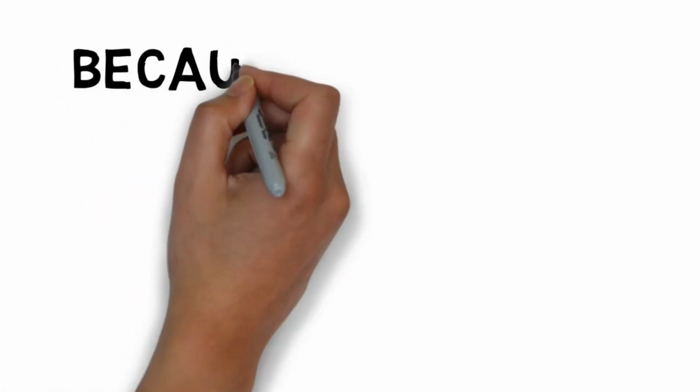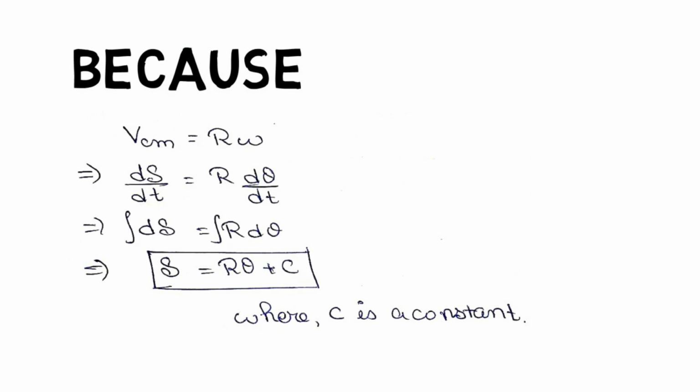Let's deduce it mathematically. Suppose we take the equation VCM equals R omega and again we integrate it. SCM here is the displacement of the center of mass and theta is the angular displacement of the rotating disk. Now integrating, we get dSCM equals R d theta.